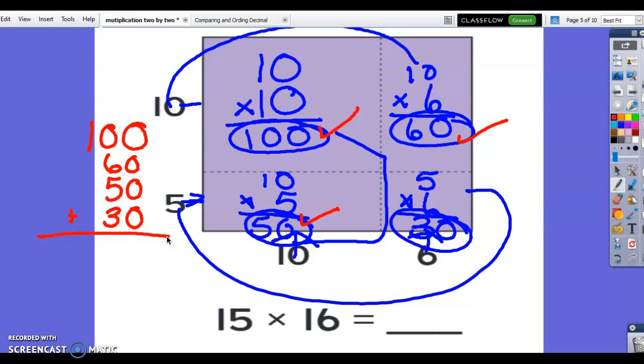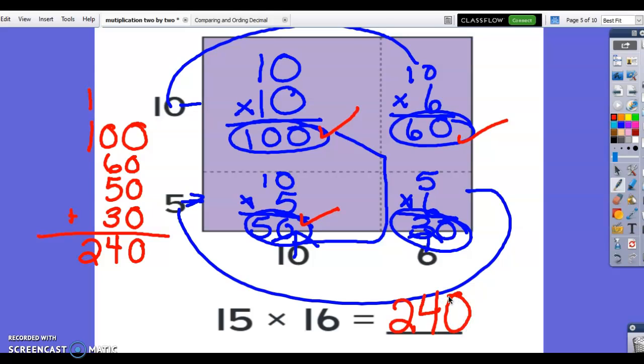And again, this is a lot of work. You just need to know how to do it. 0 plus 0 plus 0 plus 0, 4 zeros. 0 plus 6, 6, 5, 11. 11 plus 3 is 14. Carry my 1. 1 plus 1 is a 2. So your answer for 15 times 16 is going to be a total product of 240.